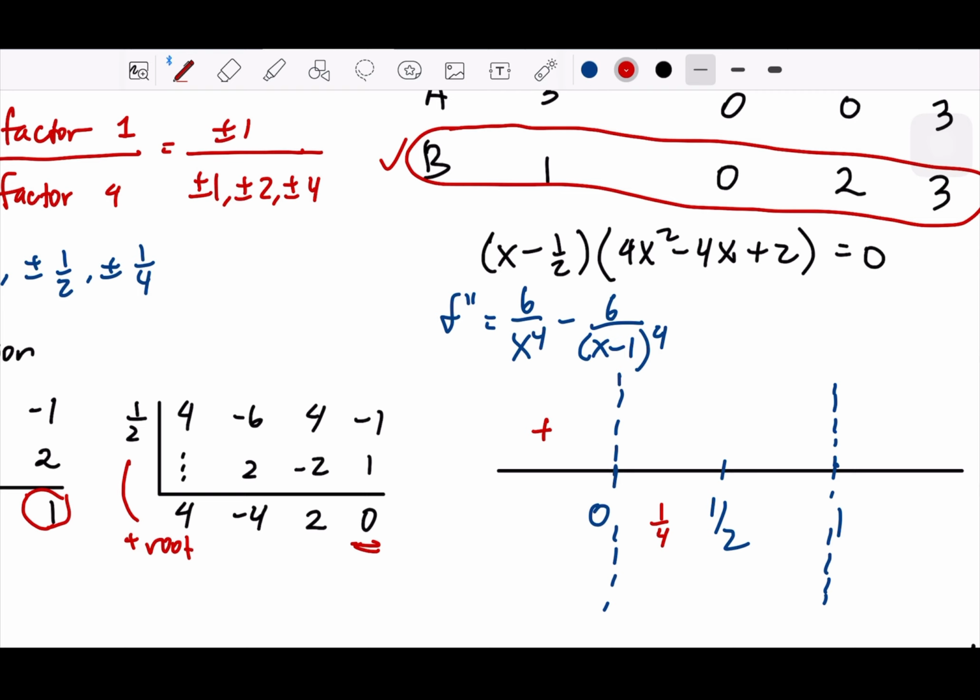And for 1/4 here, I think it will be less than this part, because this will have 3/4 to the power. Yeah, it will be less than this part, still less. So still positive. And then between half and 1, maybe take 2/3.